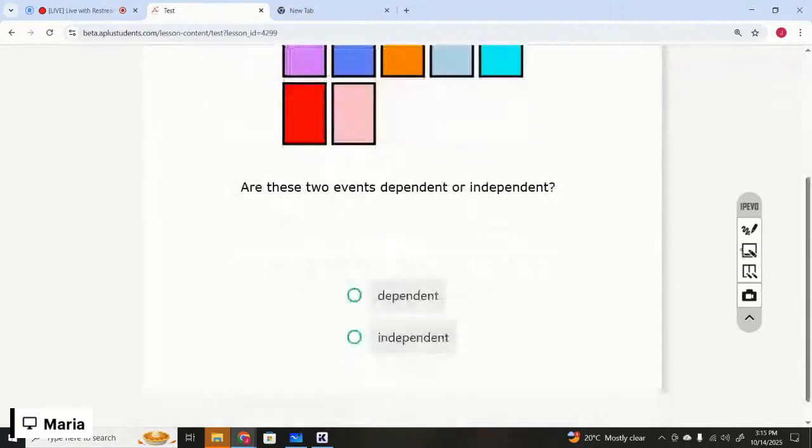Are these two events dependent? So they are the dependent events. Option number 1 is the correct option.